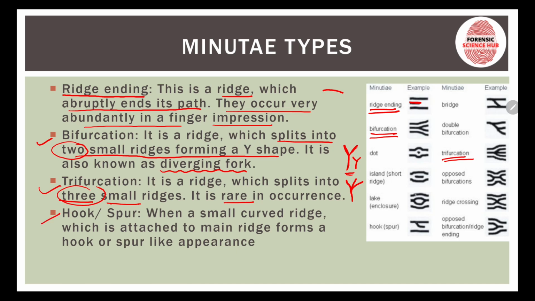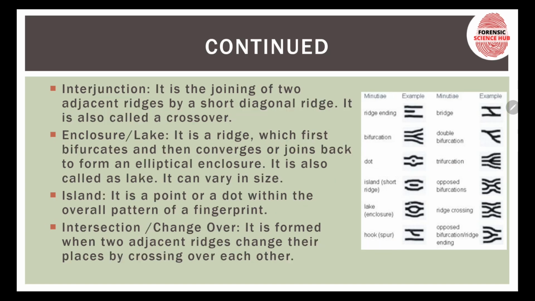Then comes hook or spur. When a small curved ridge which is attached to the main ridge forms a hook or spur-like appearance. For example, this is a main ridge and then there is a small curve like this on the main ridge. So this leads to a hook-like appearance, and hence this type of minutiae is known as hook or spur. Here you can see in this picture also.